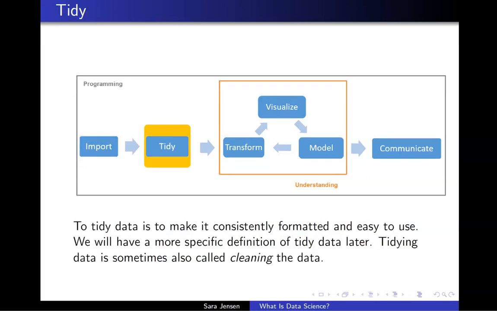The second step in our process is tidying the data, sometimes called cleaning the data. I'm not positive that this has a direct analog to the reading the book process. This would be analogous to something that you do in writing, which is like revising and editing your work. So most of the time when we first get our hands on our data, just like a rough draft when you're writing, the things that we see there aren't exactly what we would ultimately want to see. There's going to be some mistakes, there's going to be some anomalies, some things that don't really feel quite right.